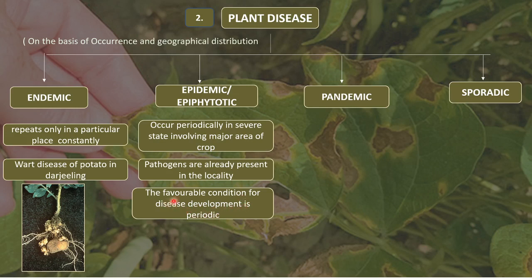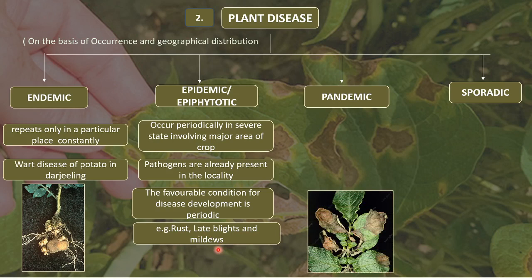This favorable condition might not be available to the pathogen all the time, and therefore it is mentioned that it is periodic. Some examples of these are most of the rust diseases, late blights, and mildews. Right? An example is late blight of potato, which is an epidemic disease. That is, the pathogens are already present near the crop in the locality, but it will only start its infection cycle once it gets its favorable conditions.